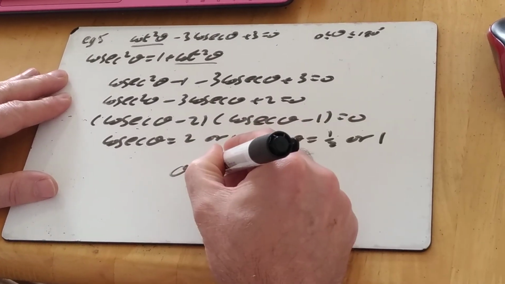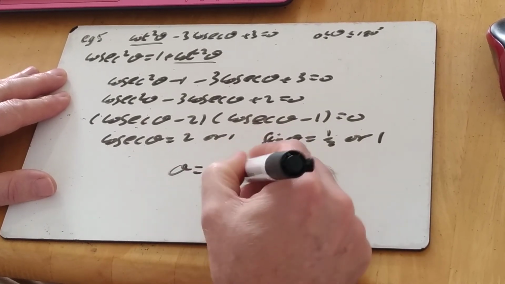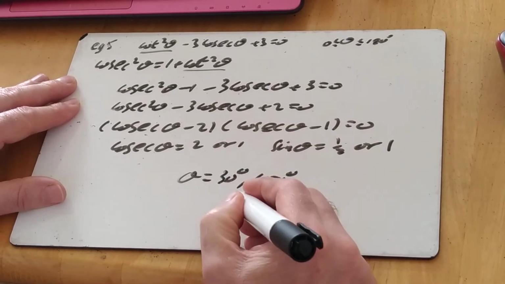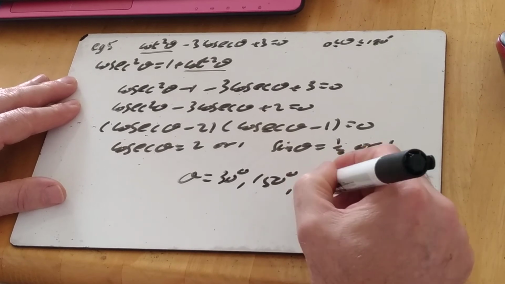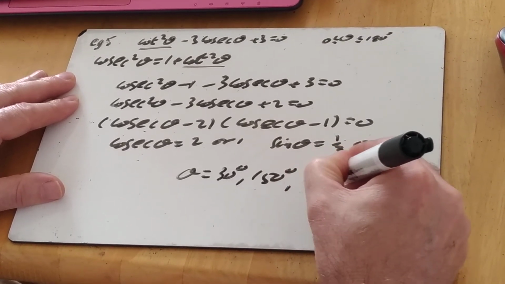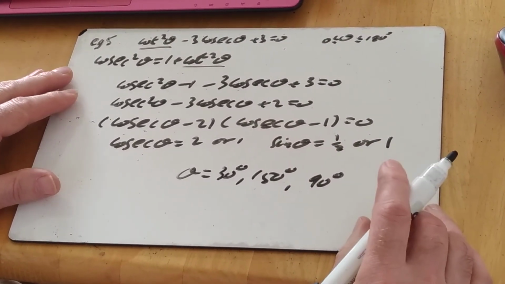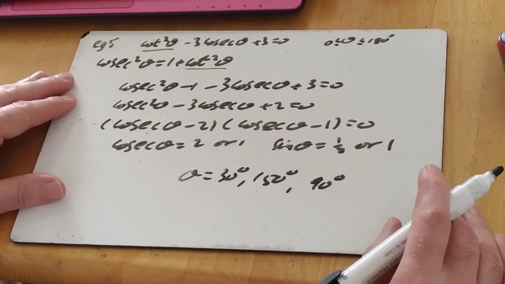So inverse sine of a half, 30 degrees, subtract from 180, there's my second answer. And then if you think about how a sine goes, the only value in that range where sine theta is equal to 1 is when theta is 90 degrees.